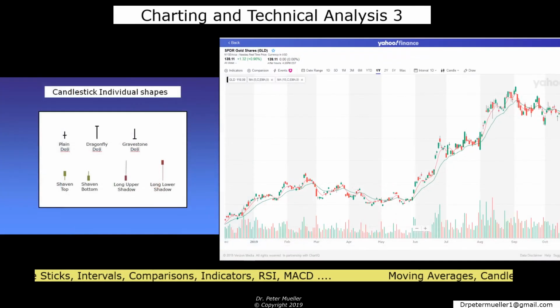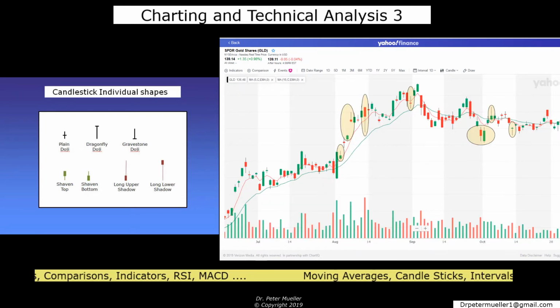Now, there are some basic types of patterns. The body can have a green shaven top, for example, so that you have, in essence, a body which doesn't have any shadow on the top.